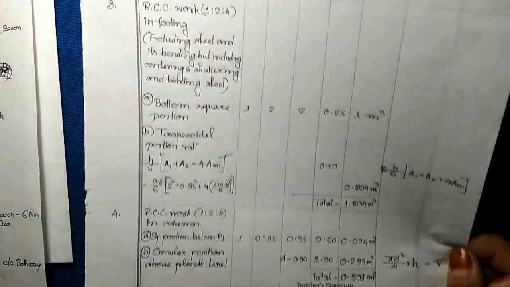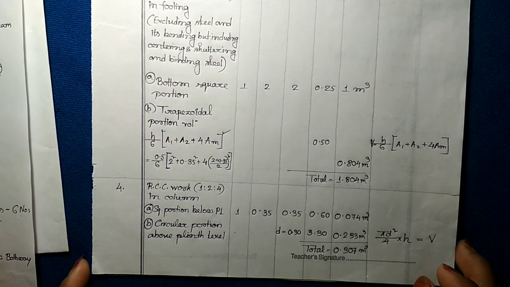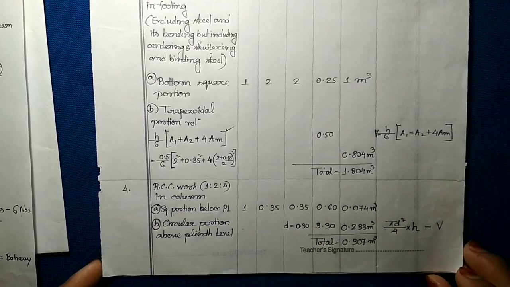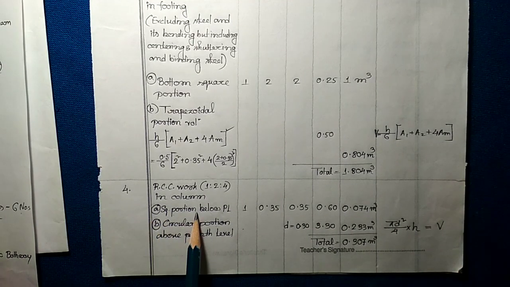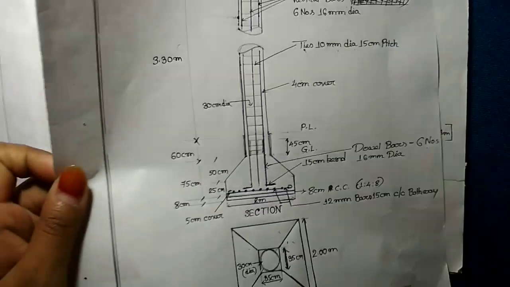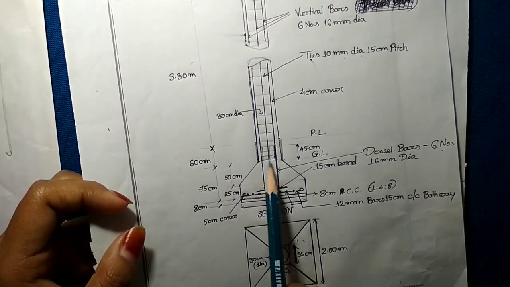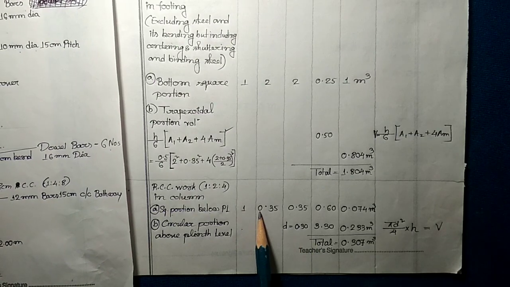So like the previous one, RCC work in footing, for RCC work in column we are going to calculate under two heads, that is A, square portion below plinth level, and circular portion above plinth level. Square portion, how much is this length? 35 centimeter.